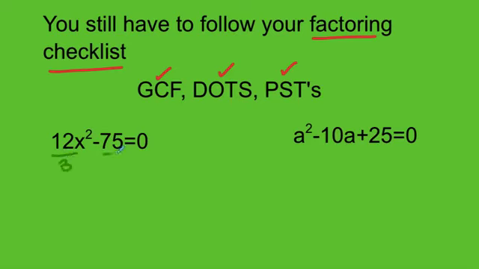So I'm going to divide all of them by 3. That's going to give me 4x squared minus 25 equals 0. Now I see that that's dots, so I can factor that into 2x plus 5, 2x minus 5. Now these are a little bit trickier.